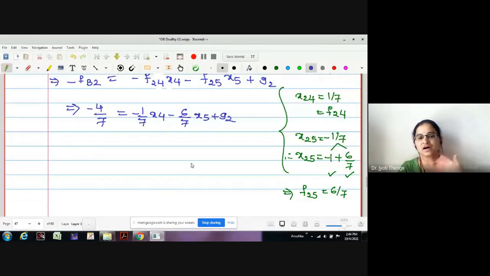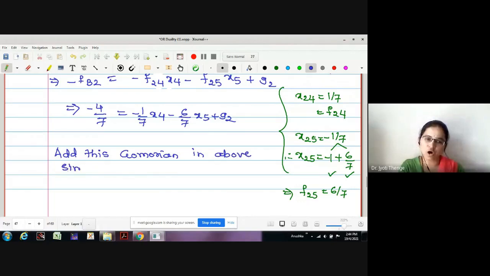Add this Gomory constraint in the above simplex table and solve by the dual simplex method.